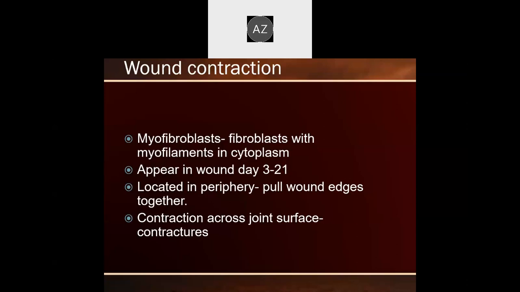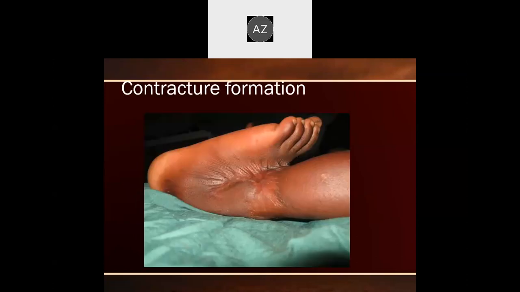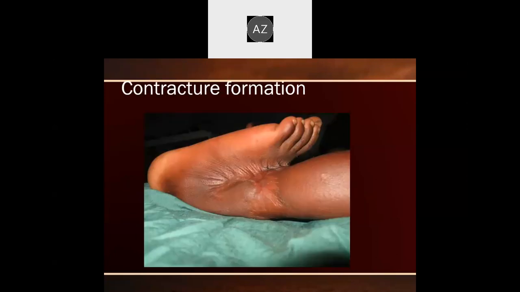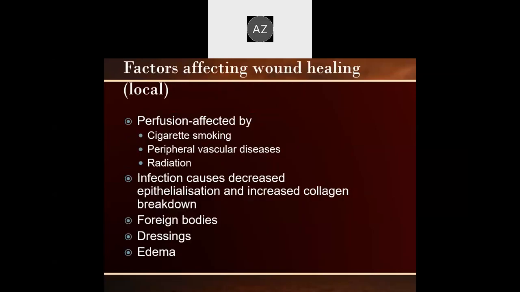They pull the edges of the wound together. Contraction across joints can cause a contracture. You can see here it's very nasty because the fibroblasts, the myofibrils, pull the edges of the wound together. And therefore, if it were around a joint, it's going to form such a contracture.